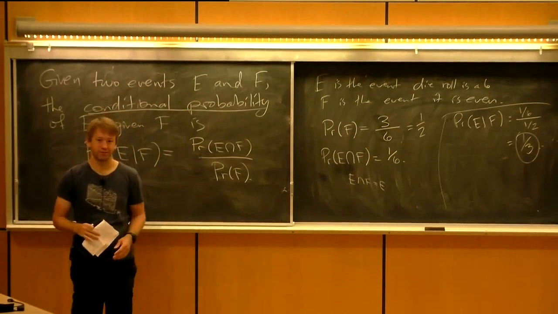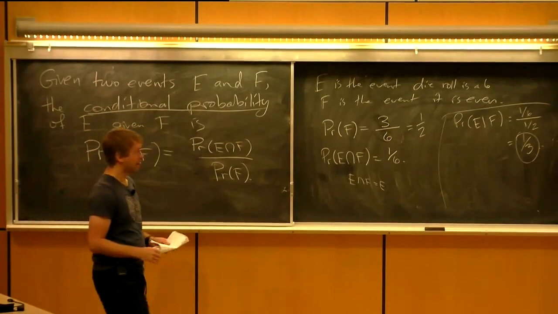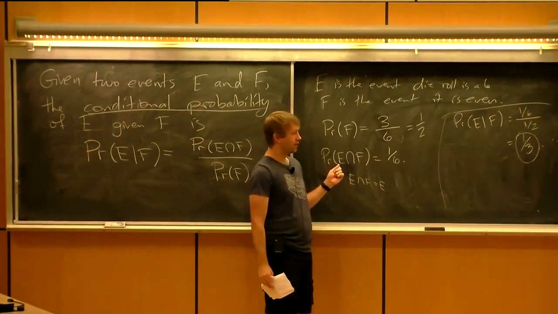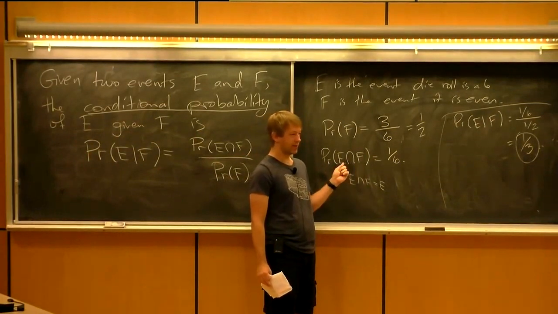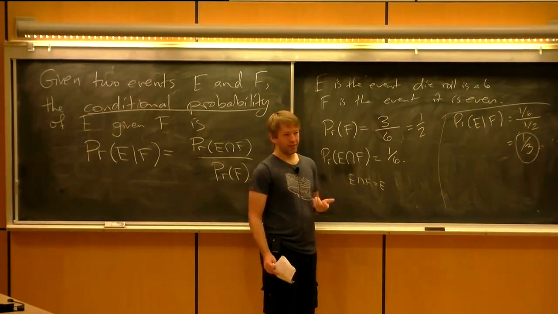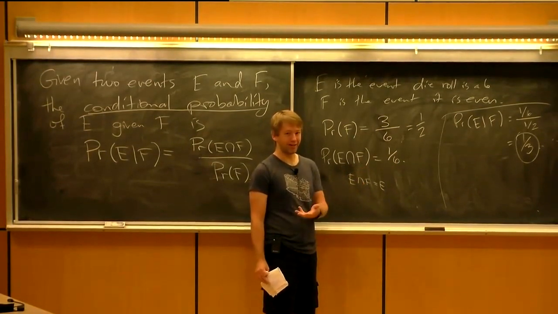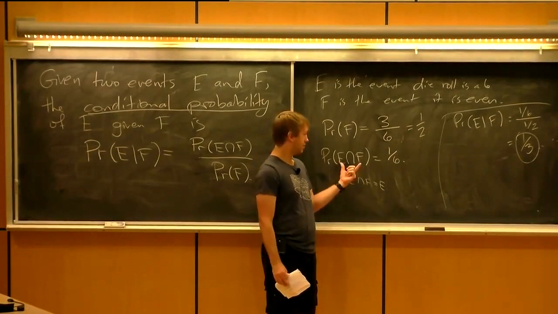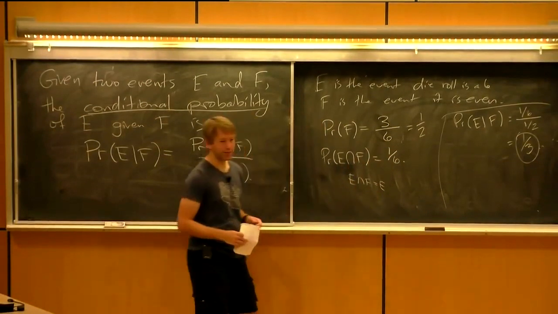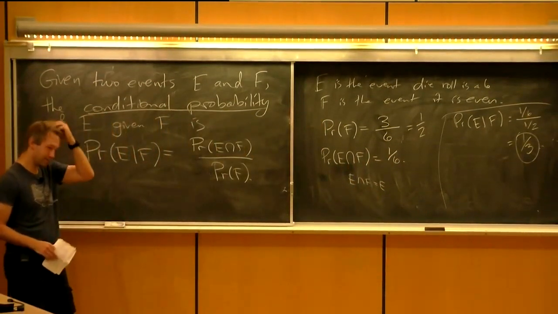Yeah, so the probability that it's equal to 6 and even is just the probability that it's equal to 6, because if it's equal to 6, it's already even, right? So this is going to be just 1 over 6.